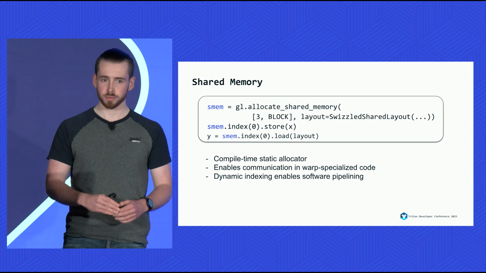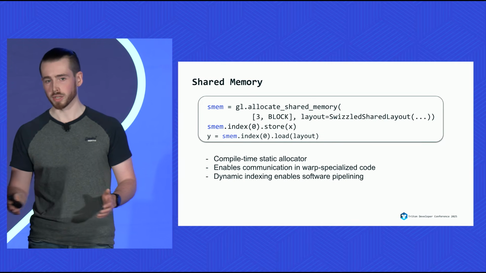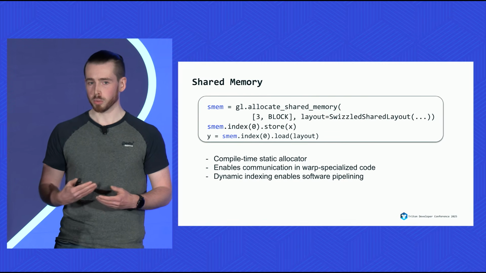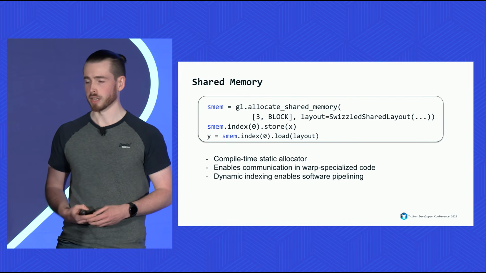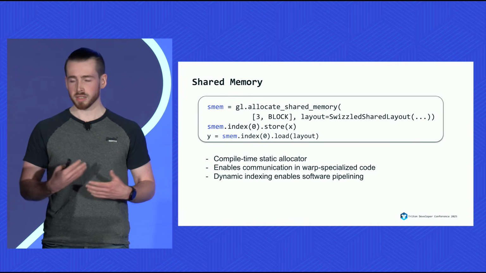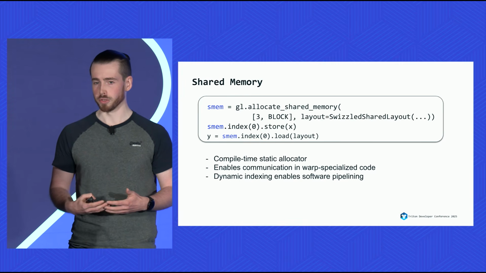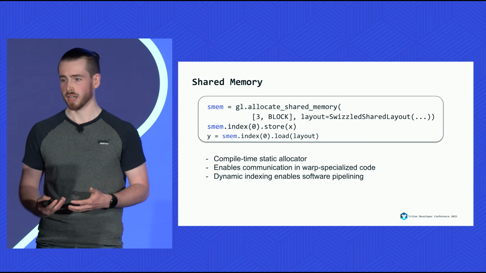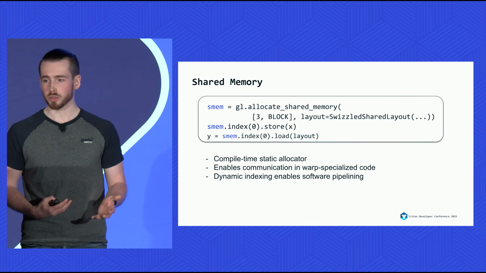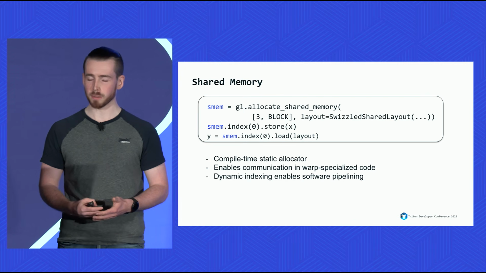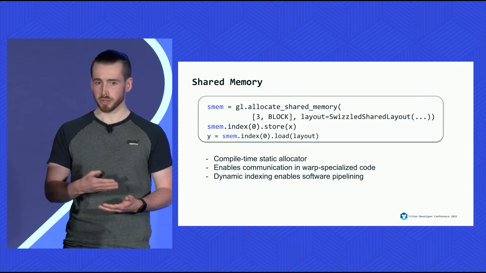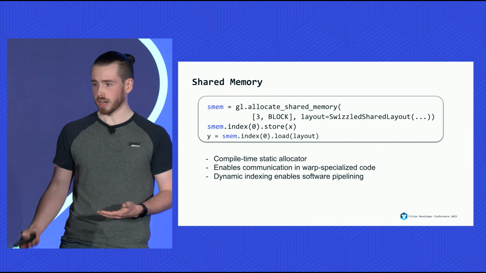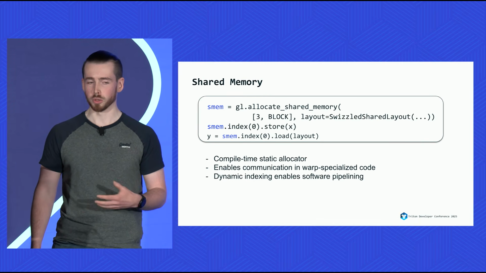Now, once you've got these separate programs running independently, you really need some way to communicate between them. So in Gluon, we're exposing the shared memory directly in the language. And this isn't just a raw form of the shared memory, it's actually what we call memory descriptors internally. And these have a layout associated with them. That means that when you compose them with your tensors in registers, the compiler can figure out how to do all these complicated load and store operations, for example.